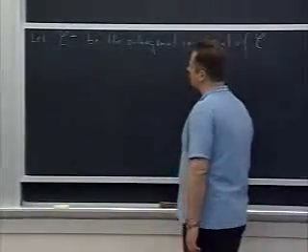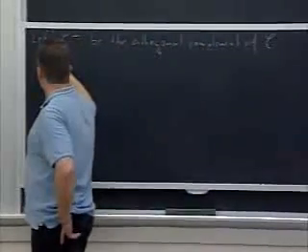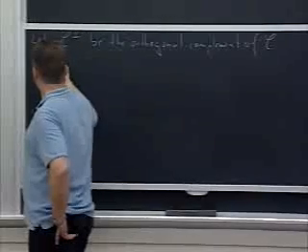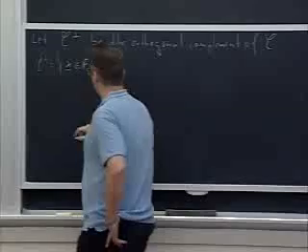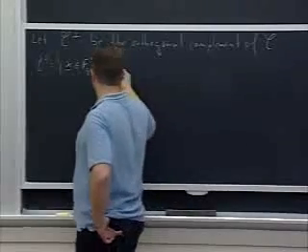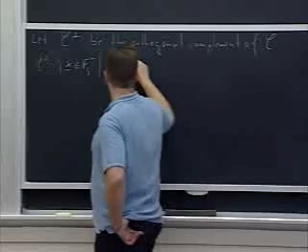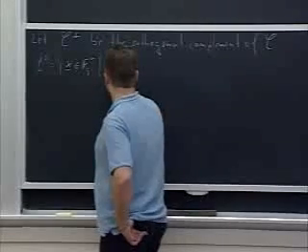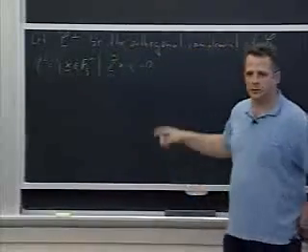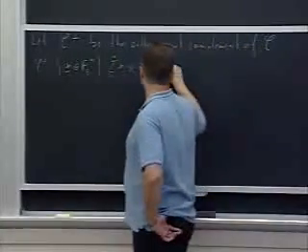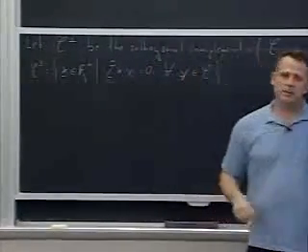The orthogonal complement of the code we could write as the set of x in Fq^n such that the sum of xi yi is equal to 0, where the sum is obviously over the field, for all y in the code.